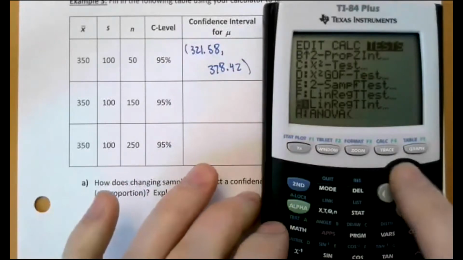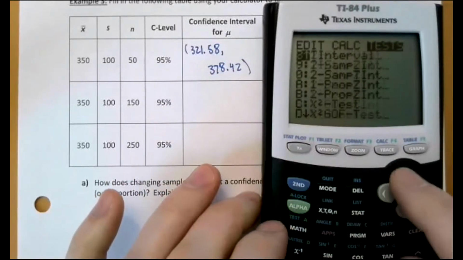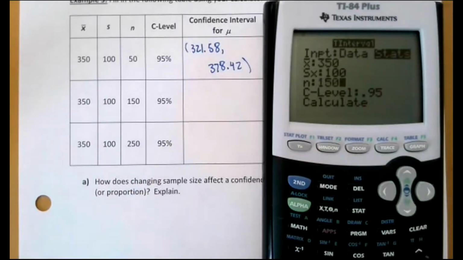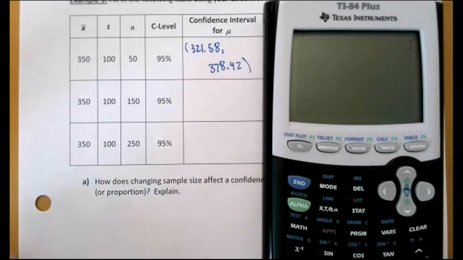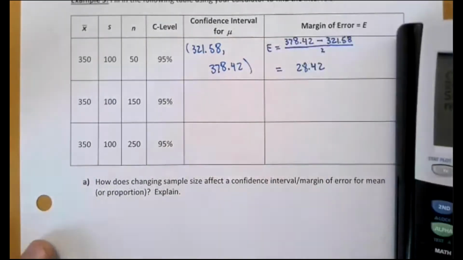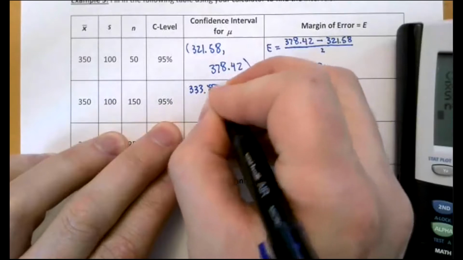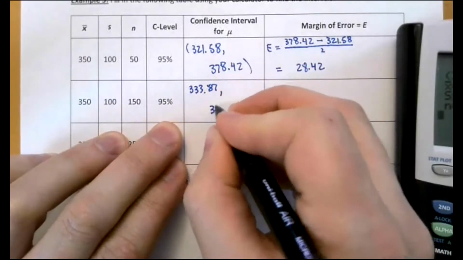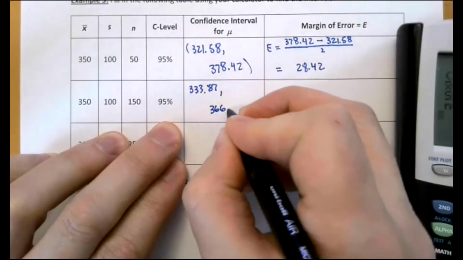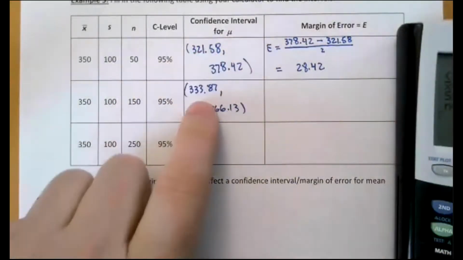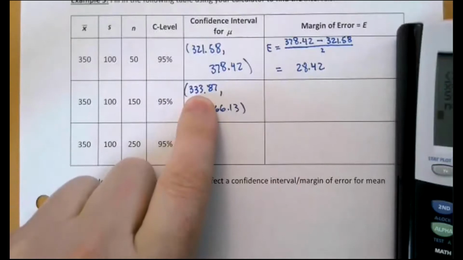Okay, so I'm going to start putting in these confidence intervals now. I just have to go in and change the one thing. Did you all get 333.87 and then 366.13? Good. What happened to the lower limit? It went up.